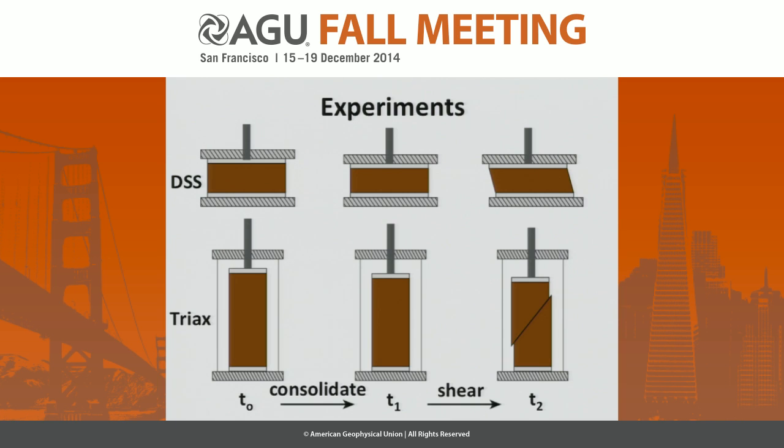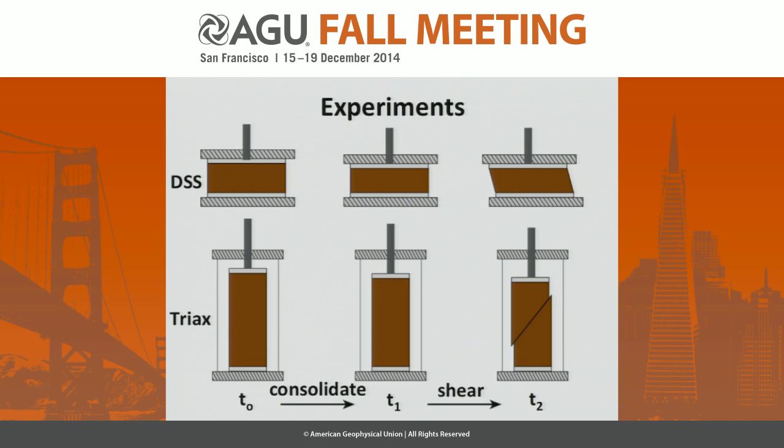We apply a vertical consolidation stress to bring it up to the stress state that we want, simulating different burial depths, either shallow burial, intermediate burial, or deep burial. And here I'm looking at these landslide type burial depths of 4 or 5 meters up to 200 meters equivalent stresses. Once we reach the consolidation stress that we want, we apply a shear under undrained conditions.